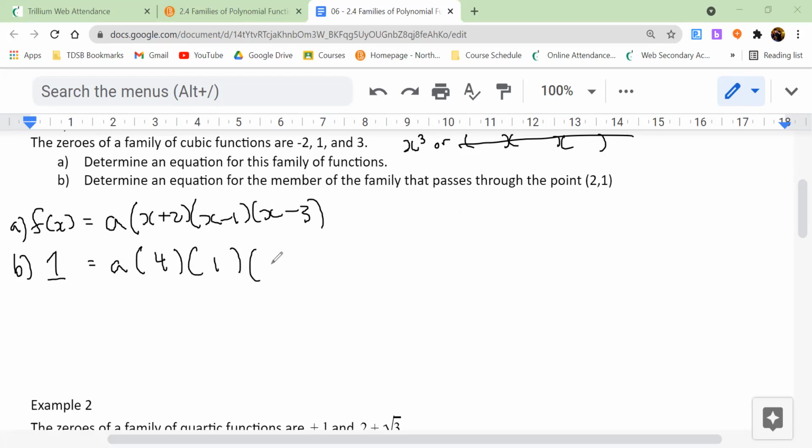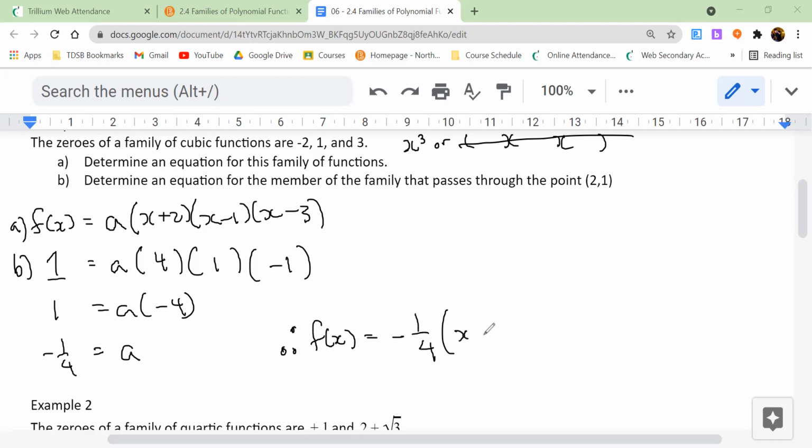And 2 minus 3 is -1. So 1 is equal to a times 4 times 1 times -1. That's it.